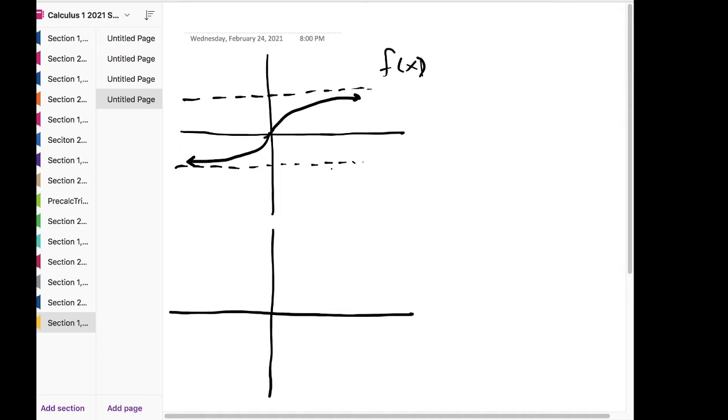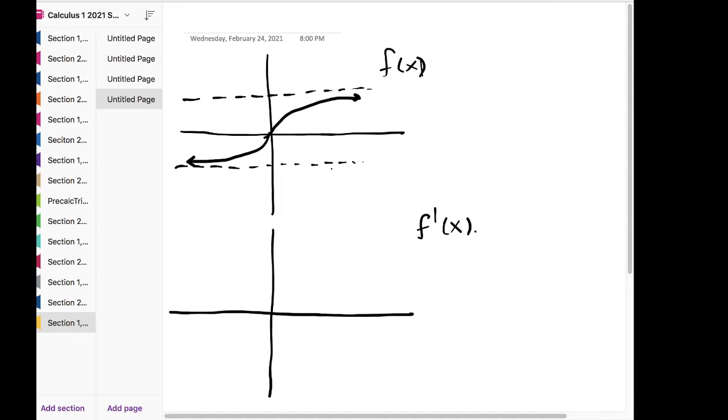It does look like a cube root, but cube root would not have these asymptotes up here. But a cube root does look similar to that. Not sine, but tangent, or inverse of tangent. Correct, yeah. So what we sketch might look something like the derivative of arctan.